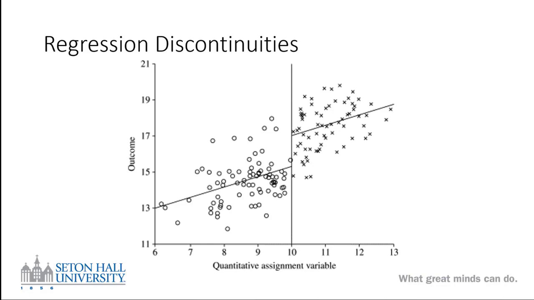So along the bottom, we have our assignment variable. So let's just say this is your ACT score, right? And then along the left, we have the outcome variable, which let's just say this is wages.